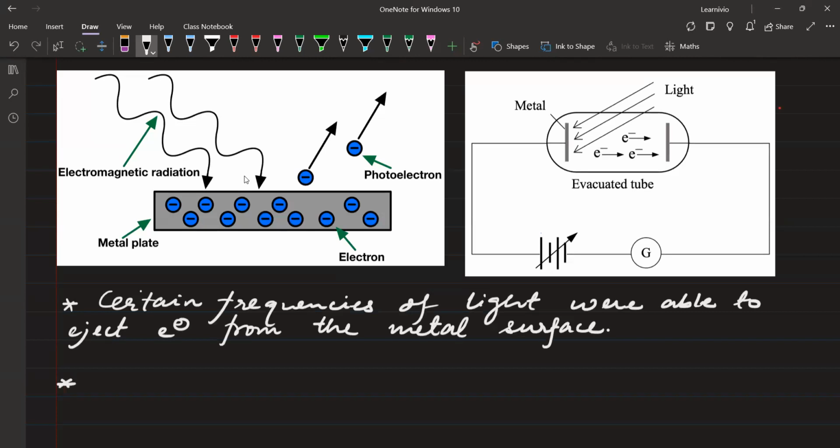Not all the frequencies, only certain frequencies of the light wave were able to eject the electron. Next point, please write it.